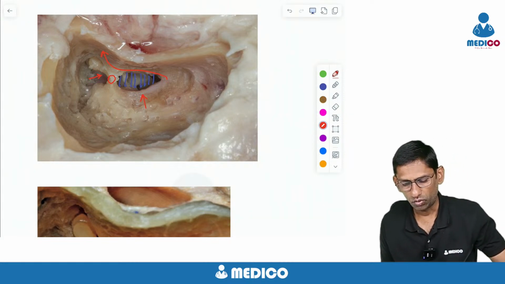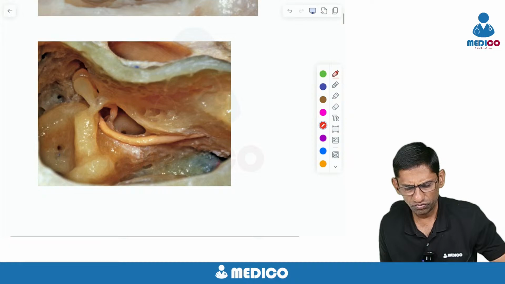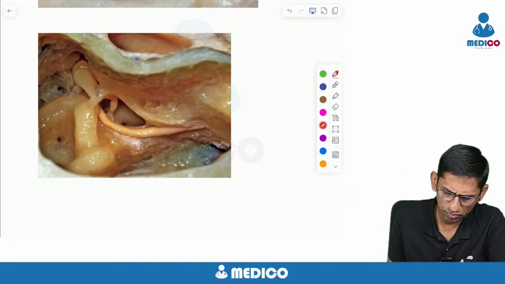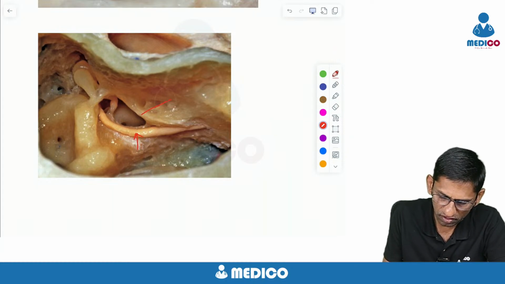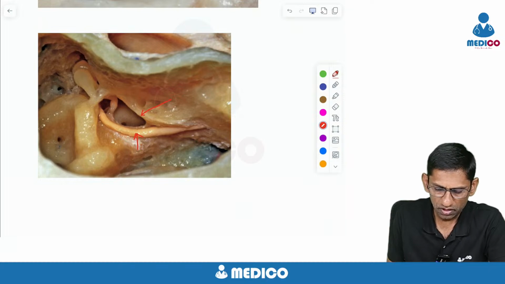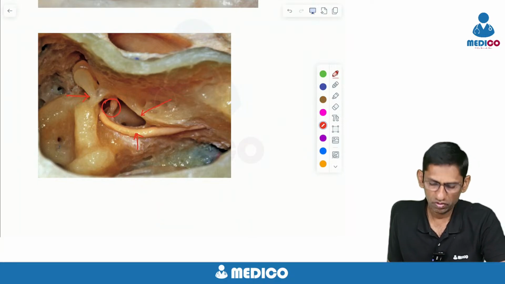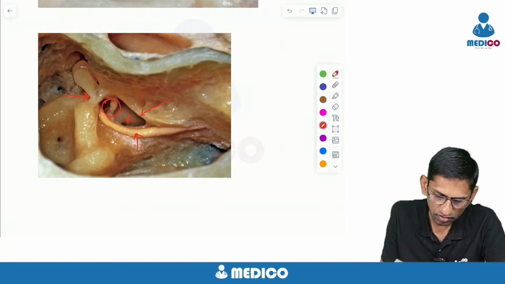If you skeletonize more, you can see the picture clearly: the vertical part of the facial nerve, the slender chorda tympani nerve, and the fossa incudis with the short process of the incus. We can also see the incudostapedial joint assembly placed in the oval window, and the small opening of the round window.